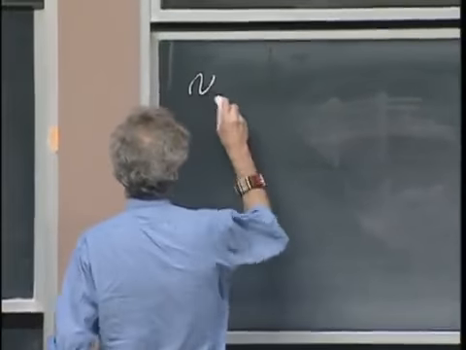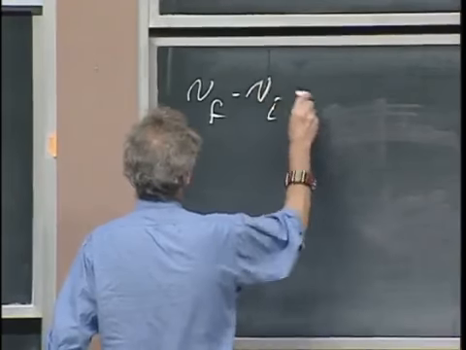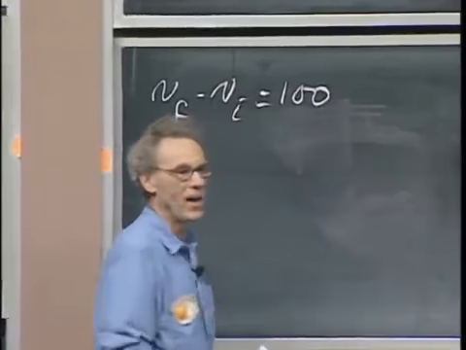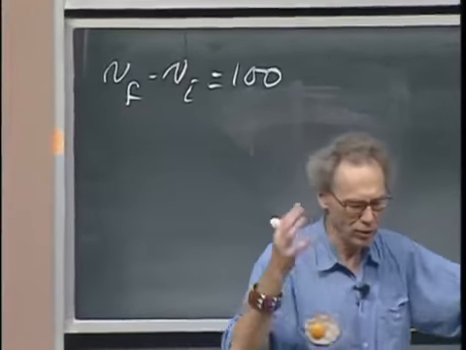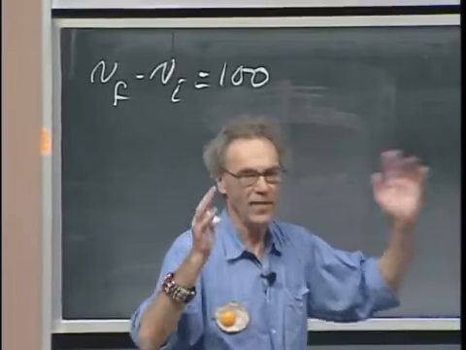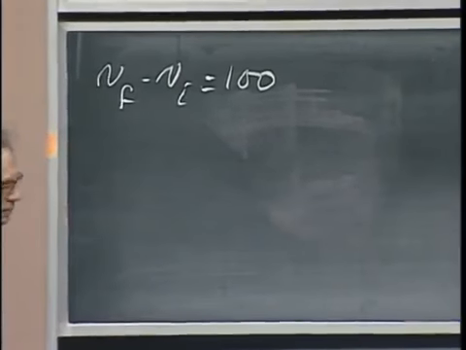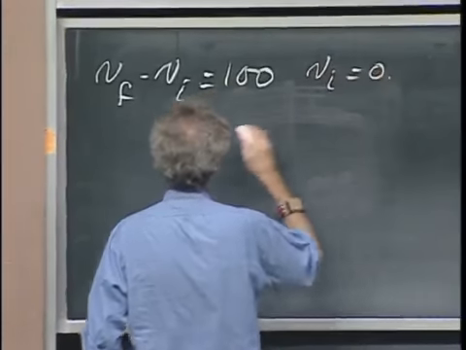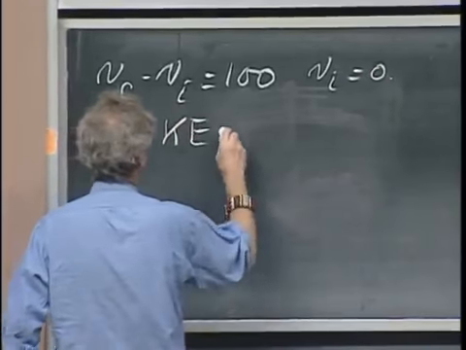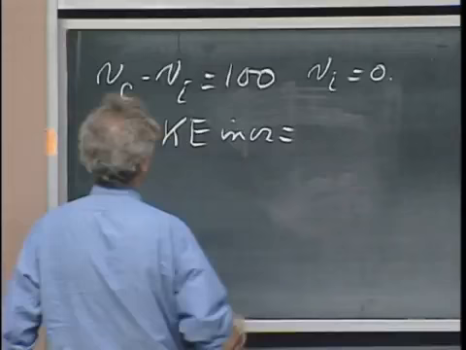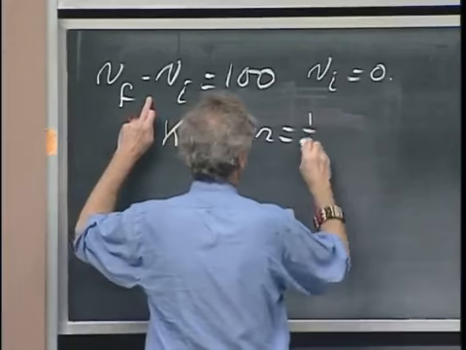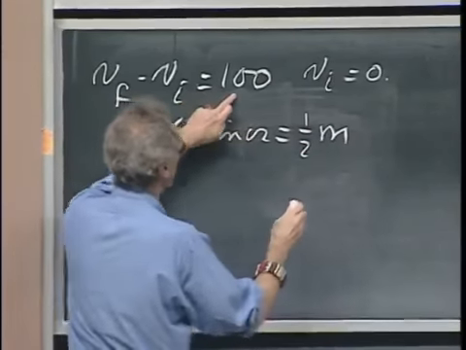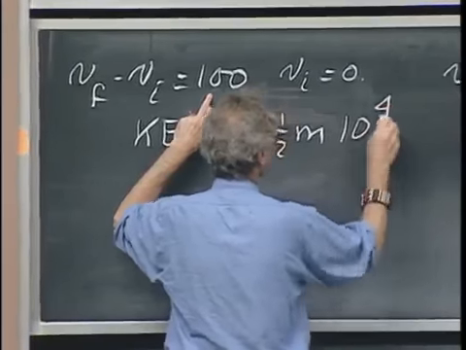It's the change in velocity that is a given. Let's suppose that V final minus V initial is 100 meters per second. That's just a given. I have a rocket, I have a certain amount of fuel, I burn it, and that is my change in velocity. I start off with V initial is 0. So my kinetic energy increase is 1/2 m times 100 squared, which is 10 to the 4th.